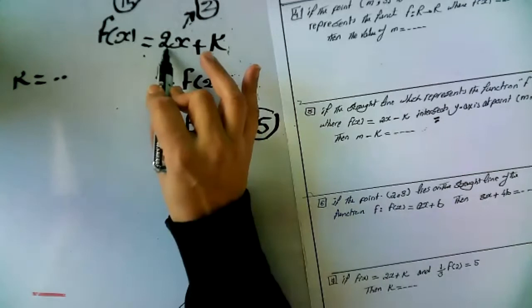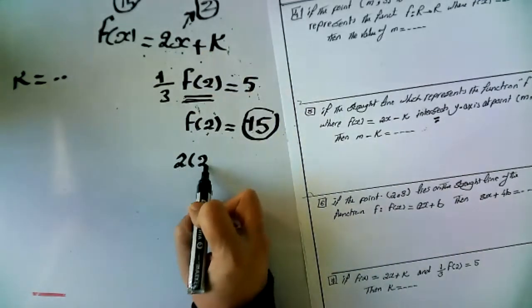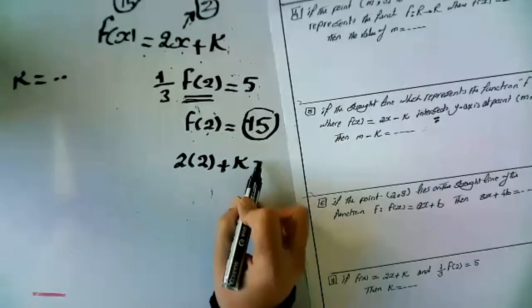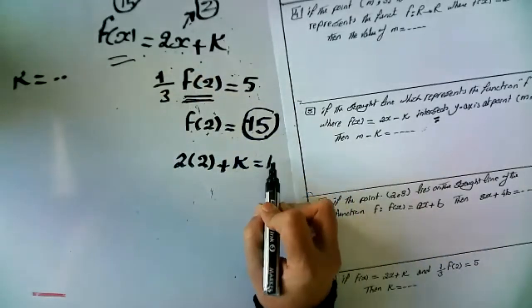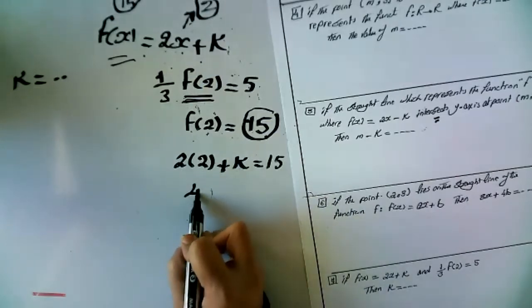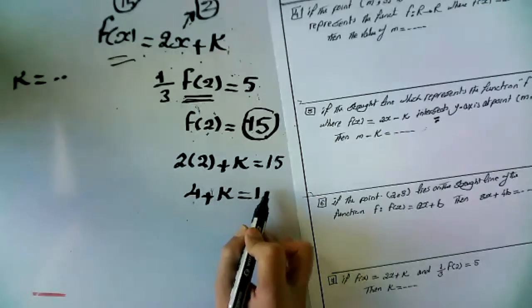Now, 2 times 2 plus k equals f of x, which is 15. Then 2 times 2, 4, plus k equals 15.